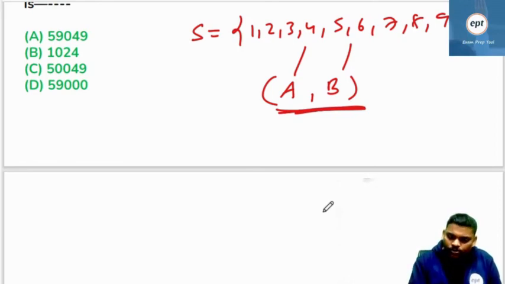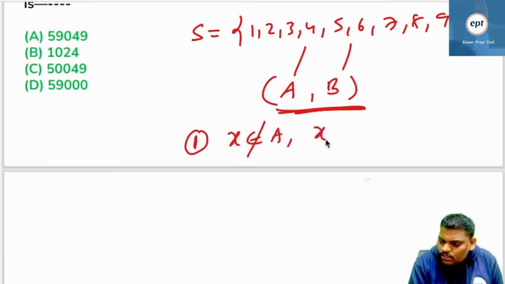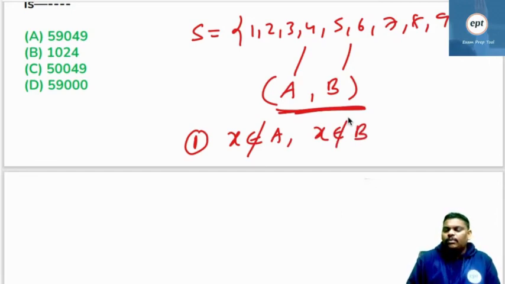Now see this. One possibility is you take any element of S. Let us assume I take one element X from S. One possibility is X does not belong to A, X does not belong to B. Because A and B are subsets, there is no problem.